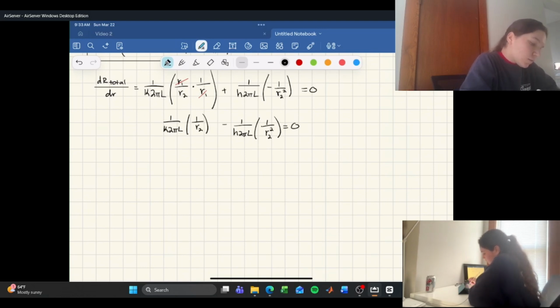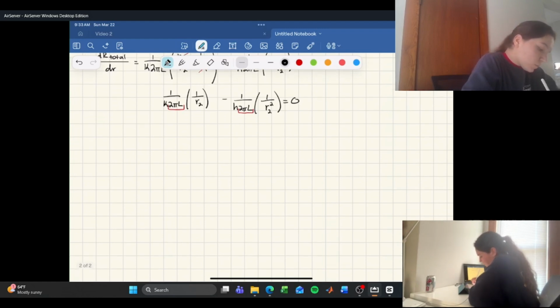And then we can factor out this 2 pi L and multiply it over, so those are going to cancel. So we're left with this here, 1 over the thermal conductivity times 1 over R2 minus 1 over the heat transfer coefficient times 1 over R2, or the radius 2 squared, is equal to 0.